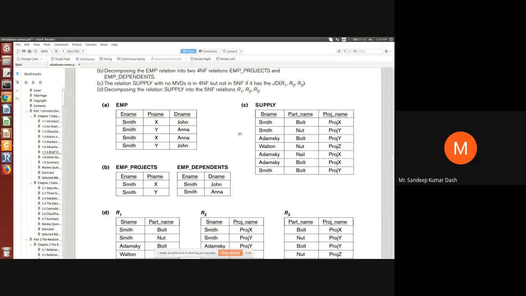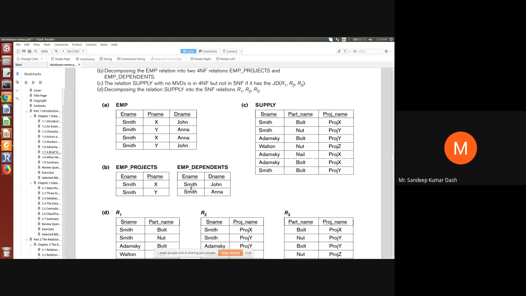Okay. So I was saying that when you divide a table, suppose this is a table EMP, that I am dividing into two different relations, R1 and R2. R1 contains two columns, ename and pname. R2 contains two columns, ename and dname. Say I am doing a natural join on these two tables. Natural join will be done based on the same column.